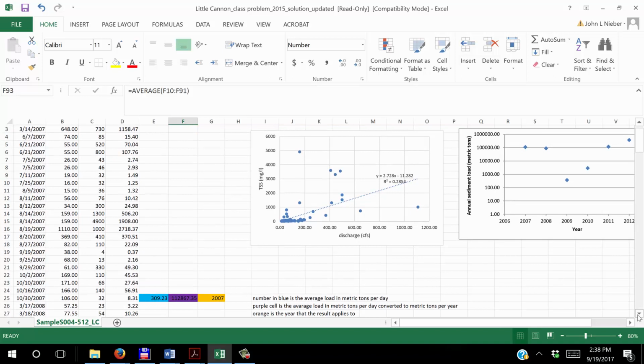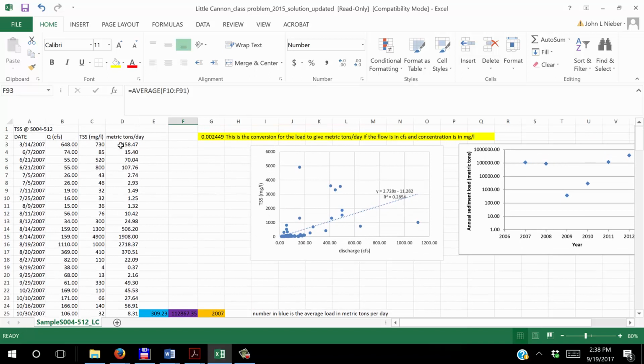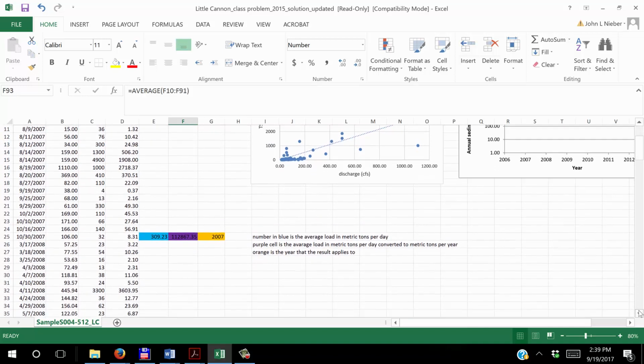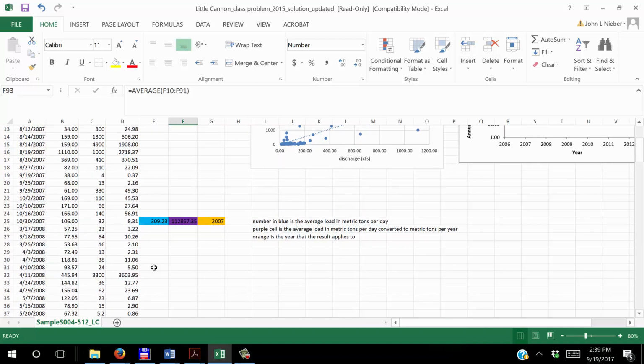Now what I've done here is to take these values, metric tons per day, and for each year then calculate the total load associated with that. The mean load in metric tons per day is 309 for this first year, 2007.